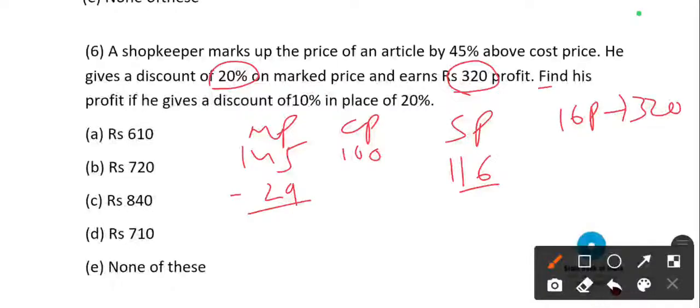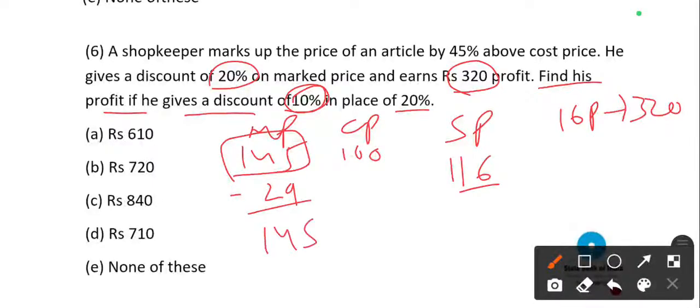Now the question says to find his profit if he gives a discount of 10% instead of 20%. Instead of 20%, now only 10% is given on the market price. So 10% means 14.5 is the discount given from 145.